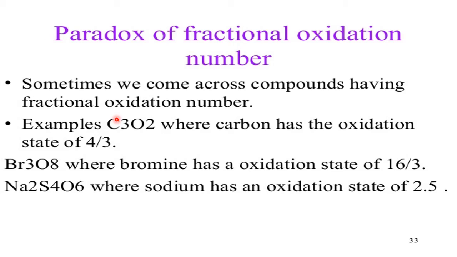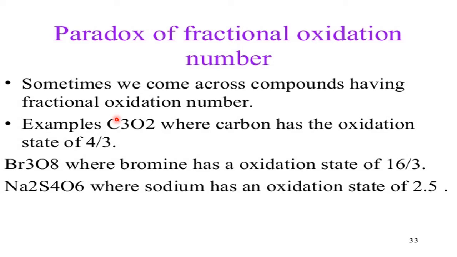So 12 minus 4 equals 0. Or if you assign carbon as x here, 3x minus 4 equals 0. So 3x equals 4, then x equals 4 by 3, which is a fraction. That means the ON of carbon in this carbon suboxide is 4 by 3, as if carbon has lost 4 by 3 electrons.